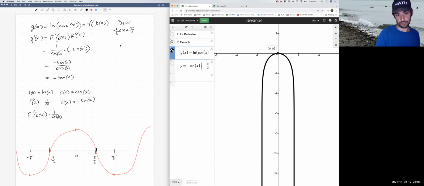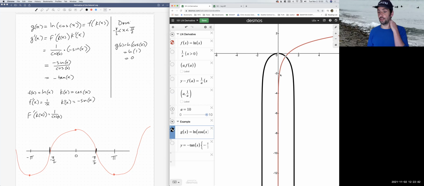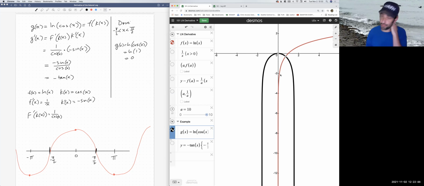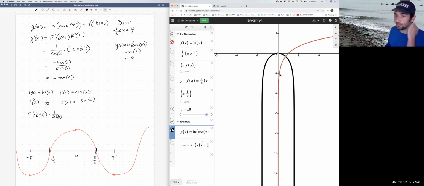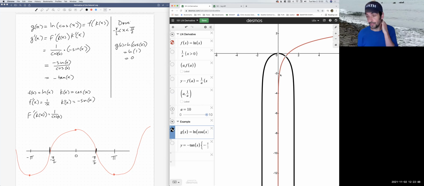Let's look at that natural log graph again. There's the natural log function. As we put in x values closer to 0, it shoots down towards negative infinity. It just keeps getting larger in the negative direction.